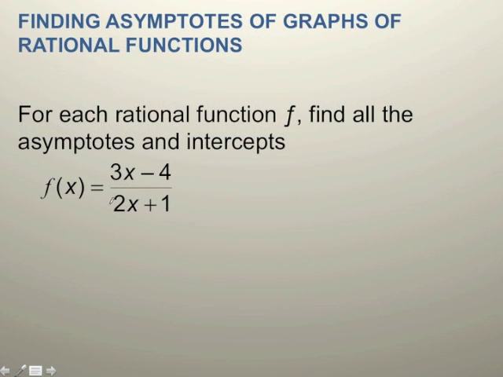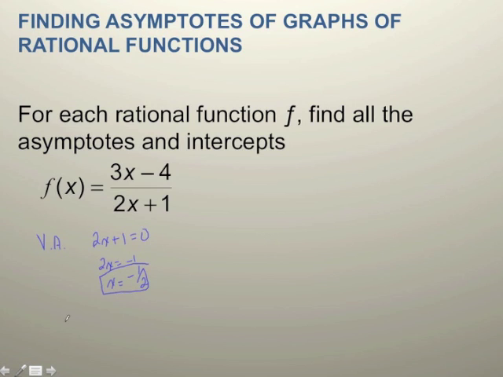Find all the asymptotes, so let's find the vertical asymptote. For finding the vertical asymptote, let the denominator equal 0. So 2x will be negative 1, x is negative 1/2. That's my vertical asymptote.